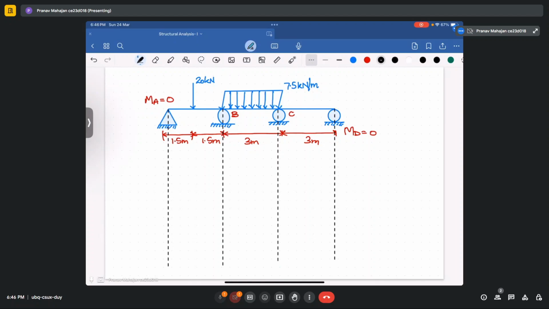So this is our beam. So this is what we have got for the concentrated load. And then for the UDL, it will be like this.